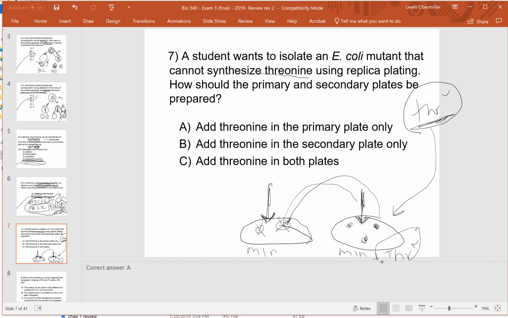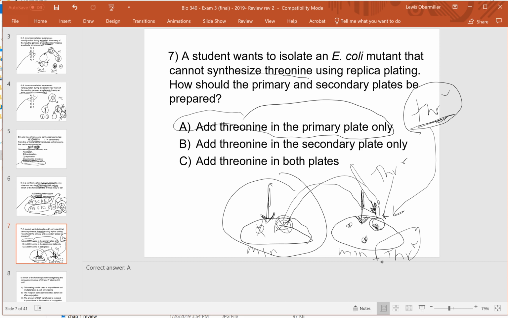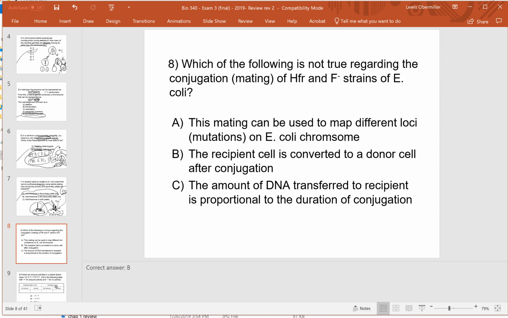So then you just compare it back to this plate and say, oh, there's a spot here, but there's no spot here, so that has to be a threonine minus bacteria. So you'd add threonine to the primary plate only, not the one you're replicating to, but the one you're actually growing the original bacteria on. So that answer is A.